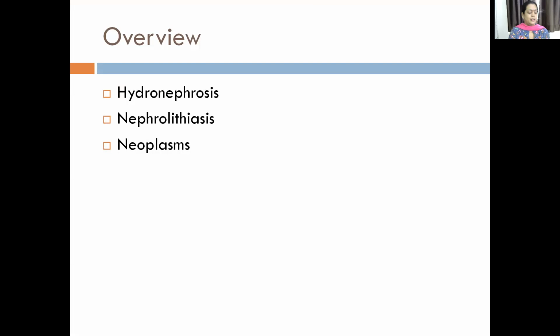As you know, like any other organ, the kidney is developed. So any abnormality in the development of the kidney will cause a congenital malformation. It can relate to the amount of renal tissue that is present, that can be renal agenesis or hypoplasia, or it can be related to the position and the structure of the kidney, for example, horseshoe kidney and renal ectopia.